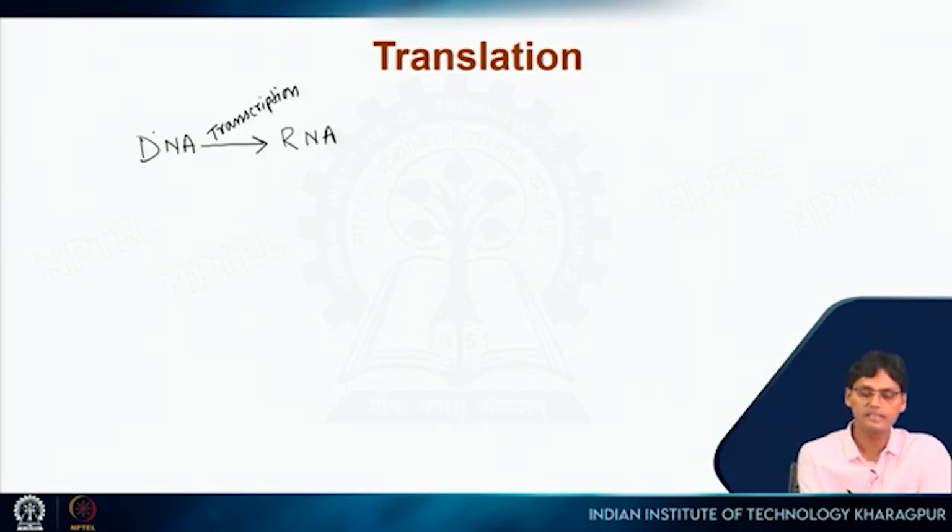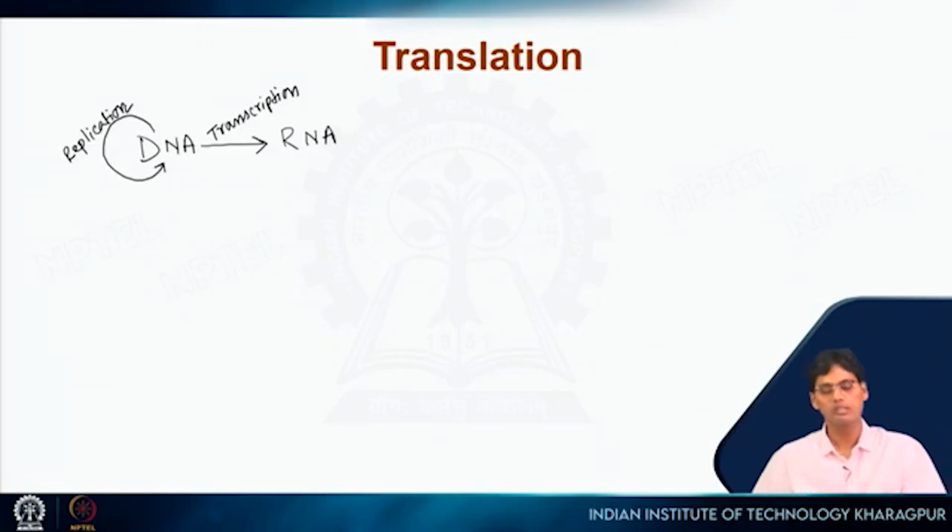And DNA goes to DNA, that I also mentioned before, that is replication. Now, in both cases, whether we are synthesizing DNA or RNA, we are basically synthesizing a polymer of nucleotides, where the nucleotides are attached by phosphodiester bonds, and the basic chemistry of DNA or RNA synthesis is basically the same.